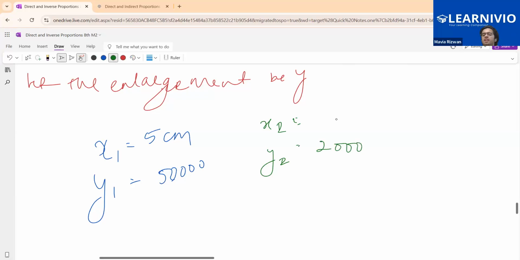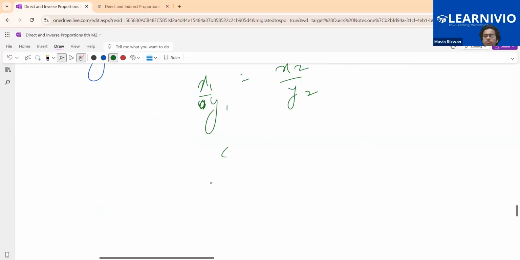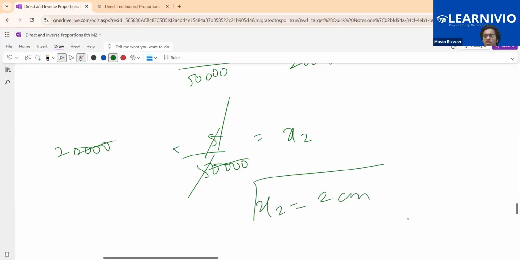Put it in the formula: x1 by y1 is equal to x2 by y2, which is 5 by 50,000 equal to x2 by y2, where y2 is given as 20,000. So x2 is equal to 5 by 50,000 multiplied by 20,000. 4 zeros and 4 zeros would cancel, 5 and 5 would cancel. So x2 is equal to 2 centimeters.